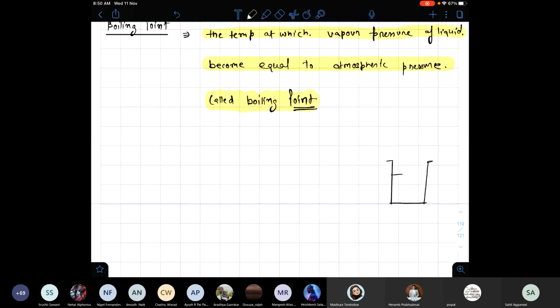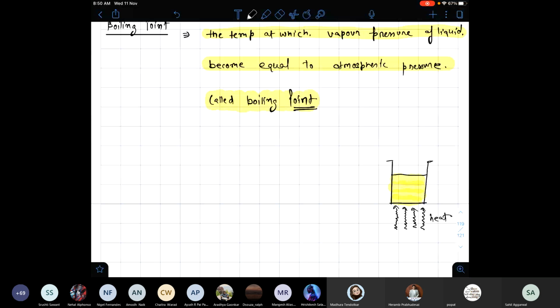We know to boil a liquid, we have to heat it.